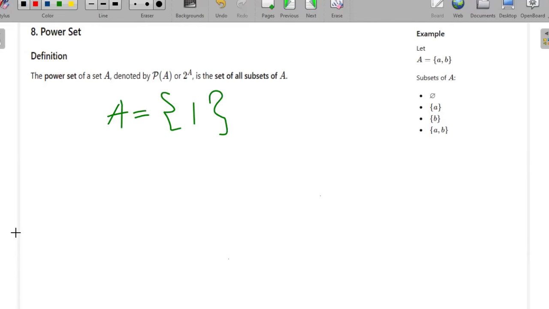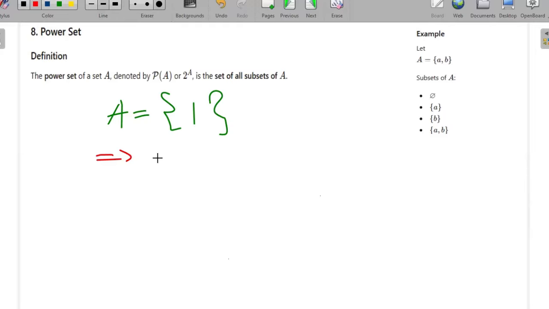This is my given set, and they ask you to find the power set. To find the power set, you first have to list down all the subsets of that set. What can help you here is first finding the number of subsets, so that when you start listing them, you can list them nicely.